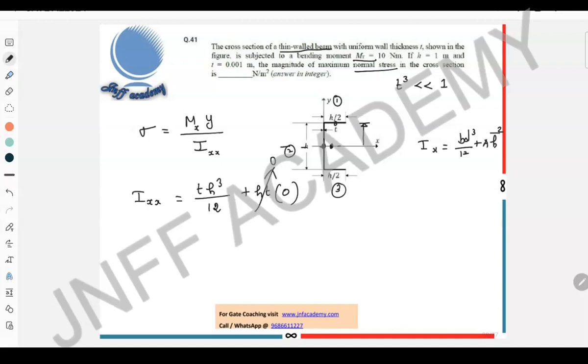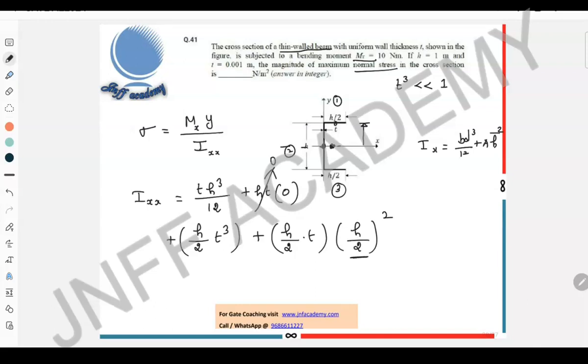Then I can consider the flange. For the flange, what should I do? B D cube I have to put, right, plus B D cube is thickness cube, plus the area is h by 2 into T, and the distance from the global centroid to the local centroid is h by 2, so h by 2 square.